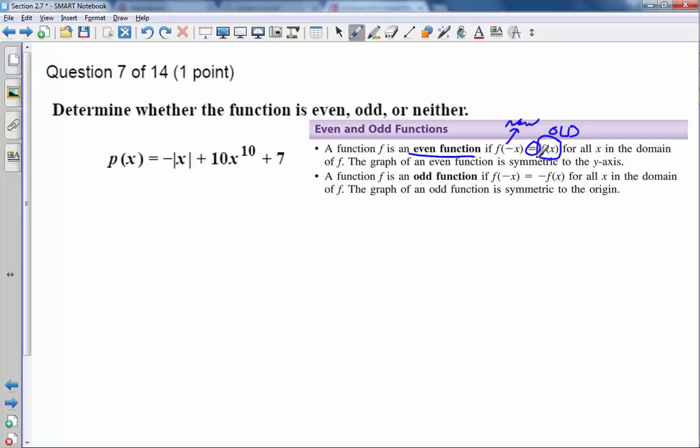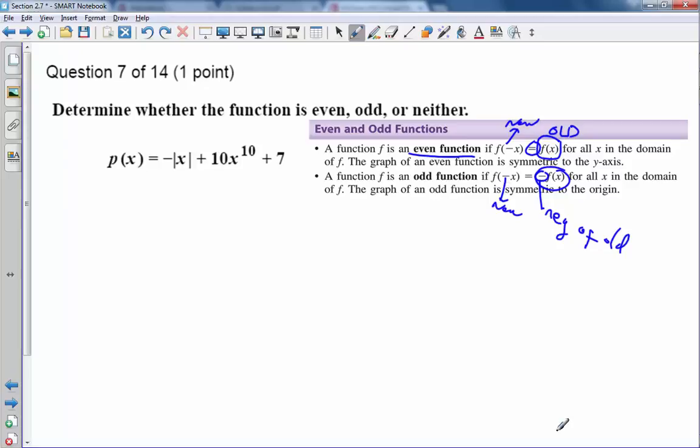If they are matching, we call it y-axis symmetry, we call it even. However, if you replace x's by minus x, get a new equation, but it's not matching the old one, however it's matching the negative of the old one, then it has origin symmetry.